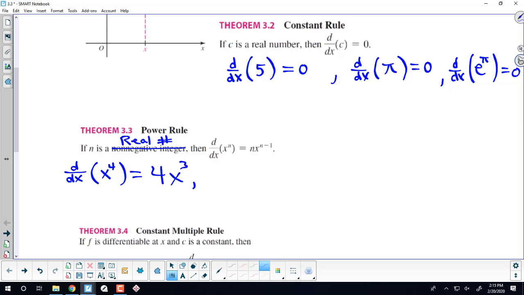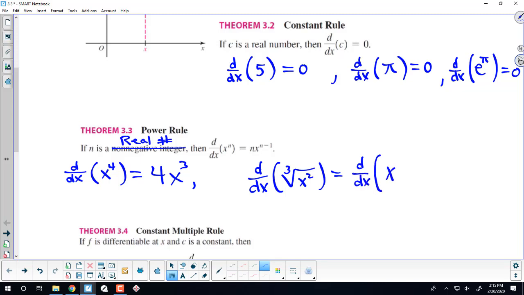The power rule also applies to radicals, right? Because if I have the cube root of x squared, we know that's the same thing as x to the 2/3. So we'll write one of those here. If we have to take the derivative of the cube root of x squared, the way we do that is we just think of it as a power.